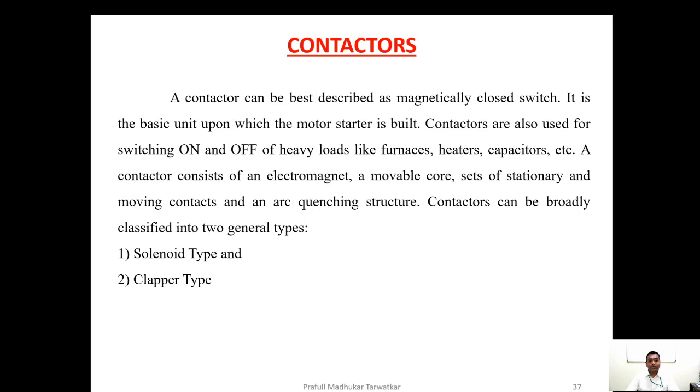Contactors are also used for switching on and off of heavy loads like furnaces, heaters, capacitors, etc. Basically, an electromagnetic contactor consists of a fixed part and a moving part, and also has a stationary core, which will either get energized or de-energized to operate the contactor. The contactors are basically classified into solenoid type and clapper type. We will see these two in detail now.